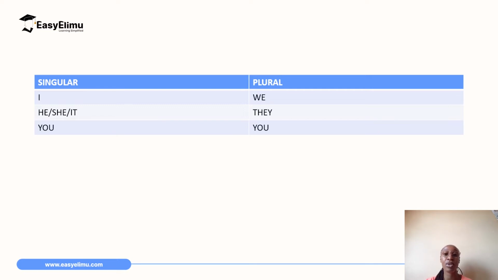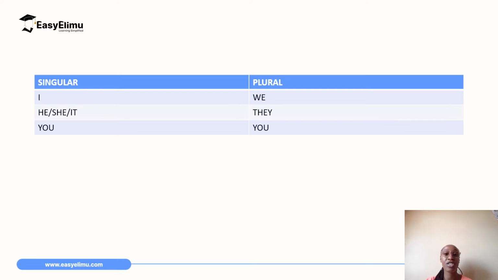For example, you can say, I am going to school, and the plural will be, we are going to school. You can also say, she is cooking. The plural will be, they are cooking. He is sleeping. The plural will be, they are sleeping.